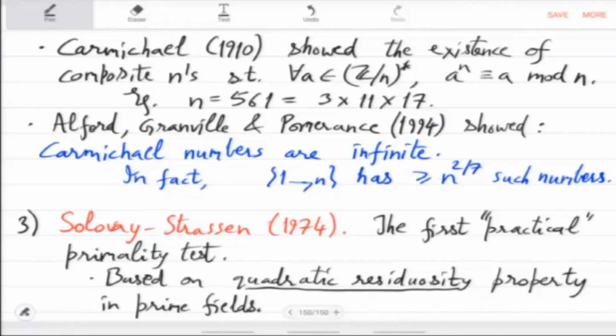In particular, we showed that the number of squares and the number of non-squares mod p is exactly equal. It's p minus 1 by 2. So we want to make it into a primality test.